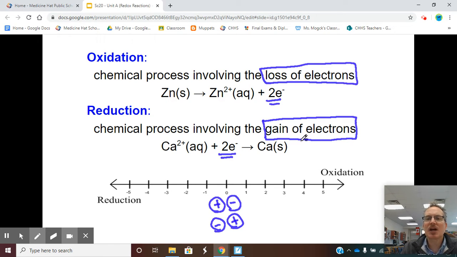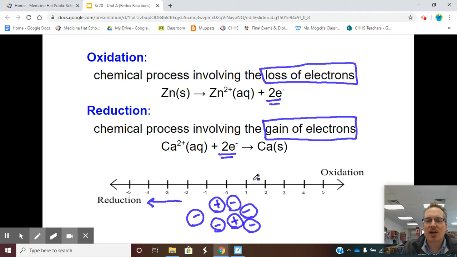Since electrons are negatively charged, e minus, if we gain some negative electrons, you will notice that this now has an overall negative charge. Notice we're moving this way. When we gain electrons, that is what reduction is. We're going to have negative charges.